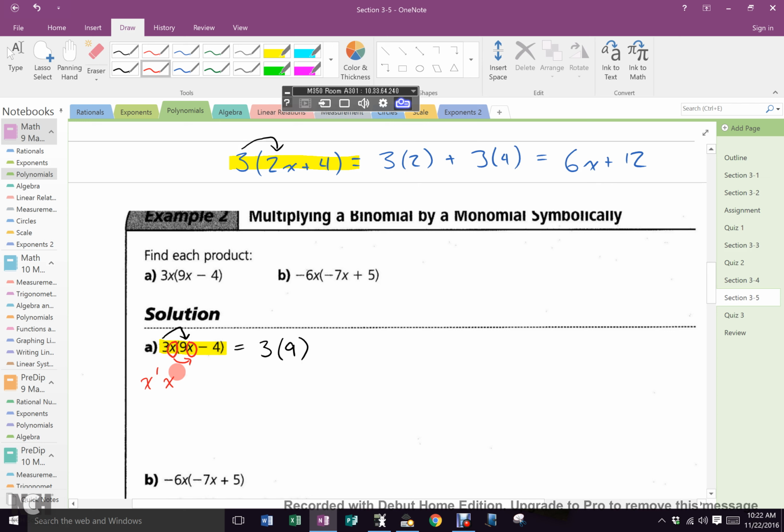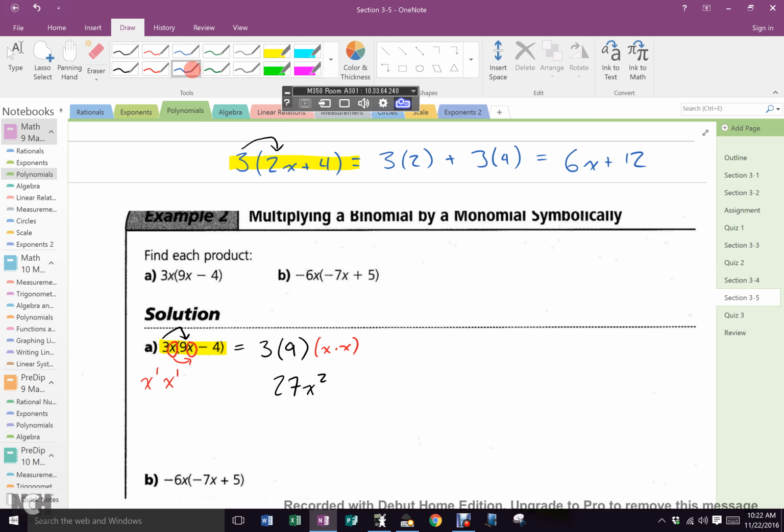And this other x really has an exponent of 1, doesn't it? And aren't they the same base? Yeah. So what do I do with the exponents? You add them. So I also have x times x. Cool? So what is 3 times 9? 27. And x times x is x squared.